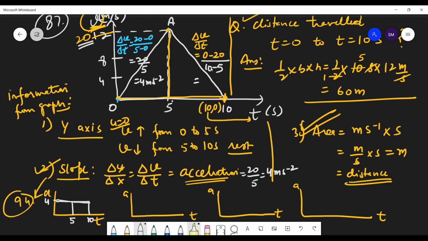So here the velocity change is minus 20 upon 5. So what is the answer, student? Minus 4 meter per second square. So here the acceleration is plus 4 meter per second square, and here the acceleration is minus 4 meter per second square.